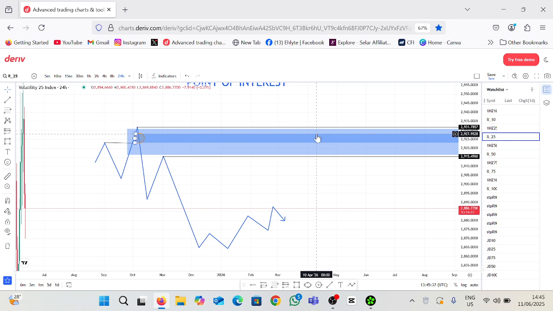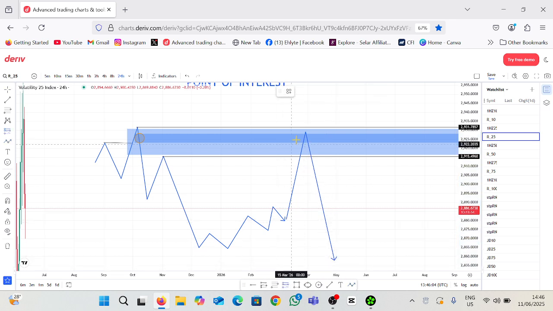POI will help you to take a precise entry in your trade. I'm also going to be showing you a practical example of what I mean by this POI and how you can apply it to your trading. So what price will do is come into this zone, my POI, and then sell off.